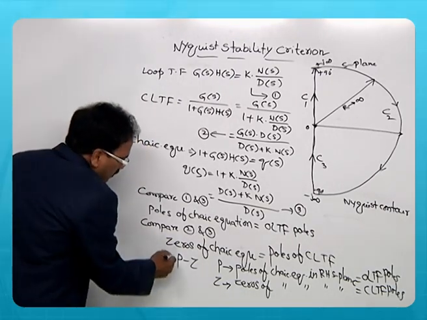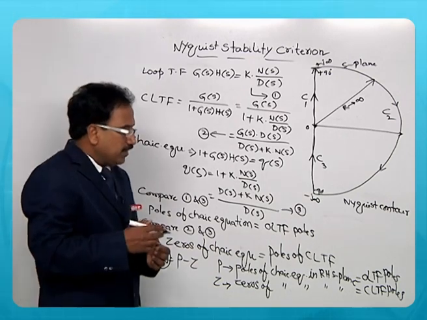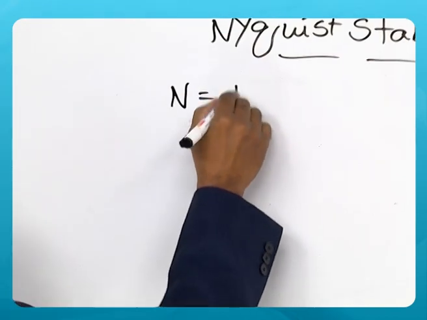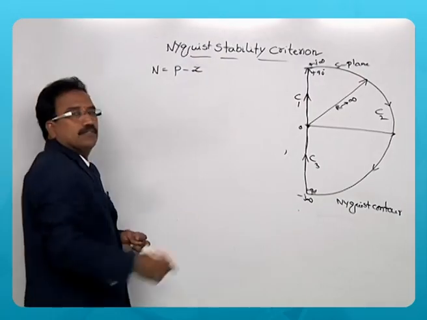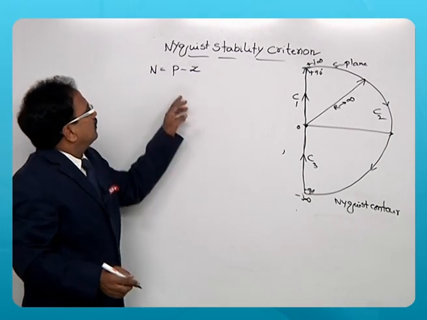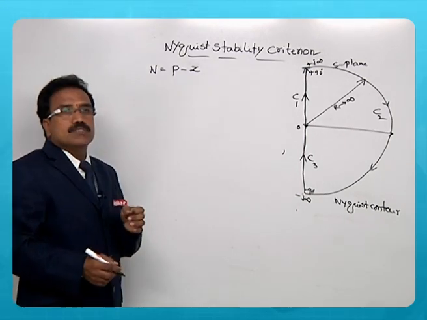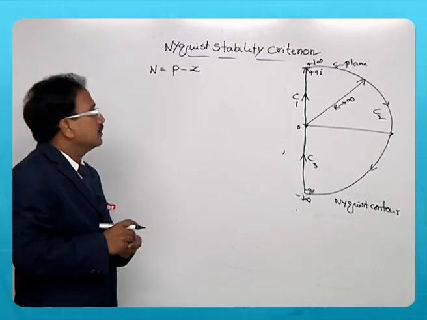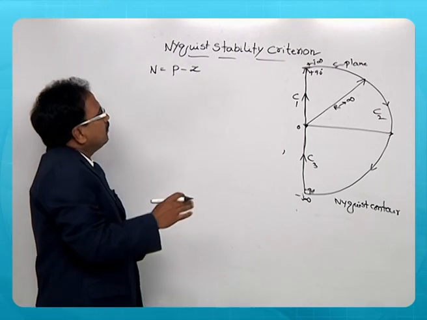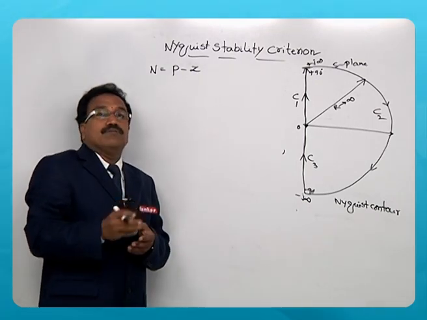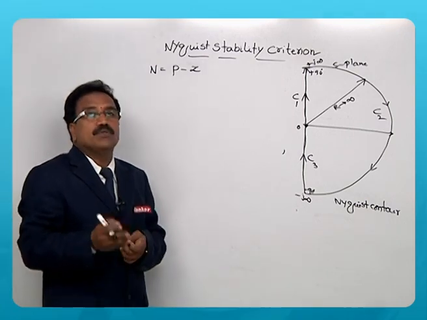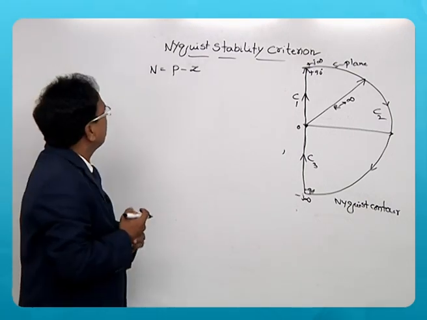N is the number of encirclements. According to the principle of argument, N is equal to P minus Z, where P is the number of poles of the open loop transfer function in the right half of the S-plane, and Z is the number of zeros of the characteristic equation, nothing but closed loop transfer function poles, in the right half of the S-plane.